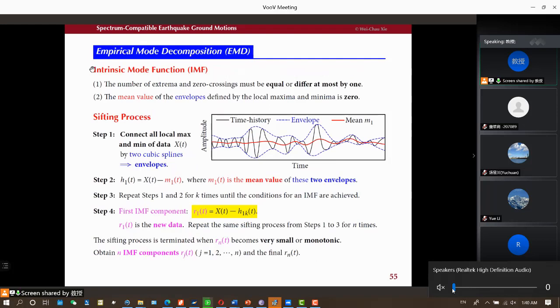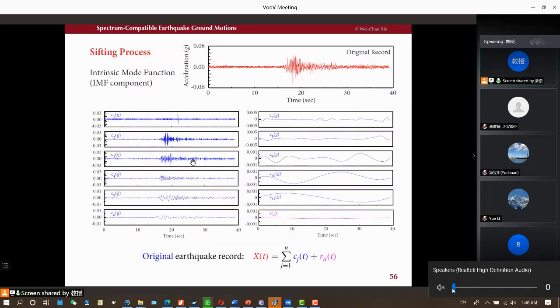By applying the shifting process, we obtain 11 IMFs. These blue curves are the intrinsic mode functions. When we add these 11 mode functions together, plus a small residue in the pink color, we can recover the original earthquake.